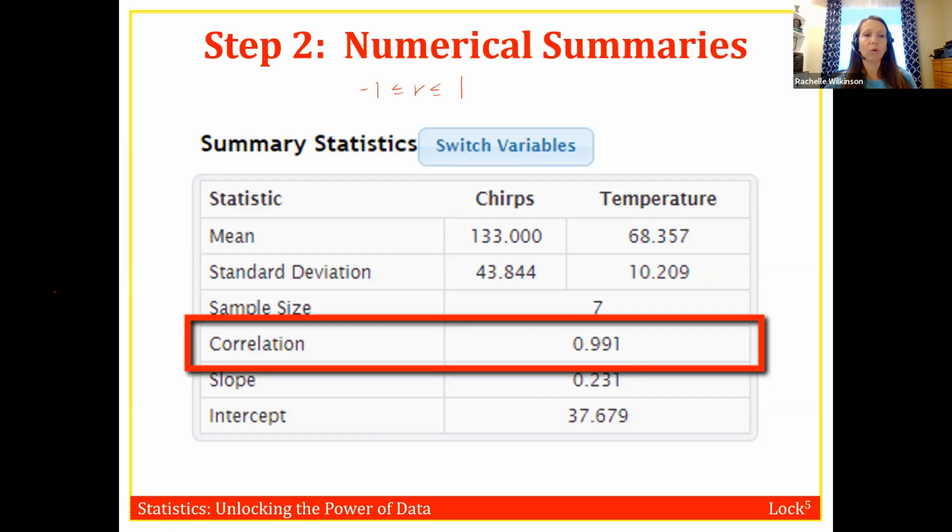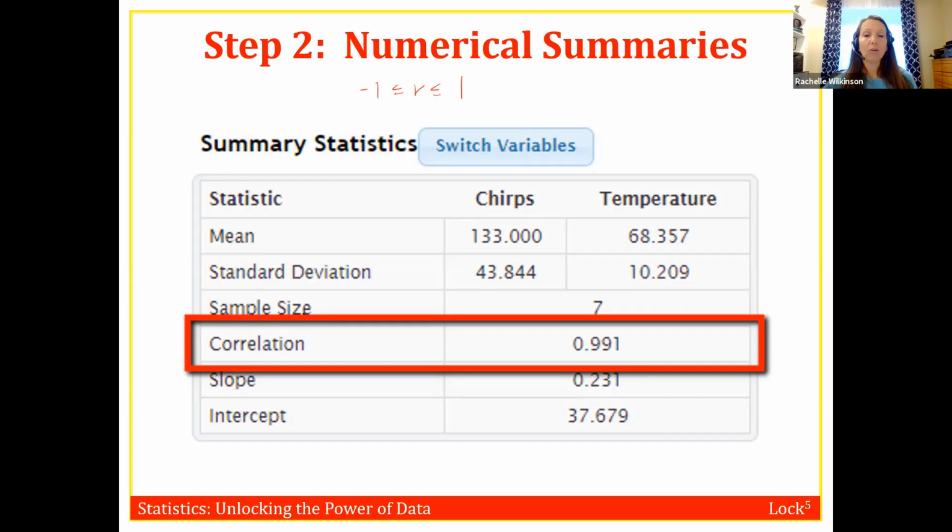When we're looking at correlation, what type of variables can I compute correlation with? Both variables have to be the same type, and what is that type? I can only compute correlation for two quantitative variables, right? So correlation can only be computed for two quantitative variables.